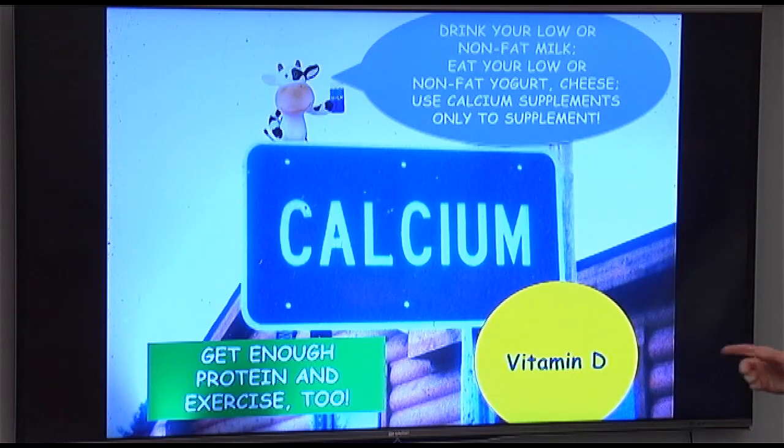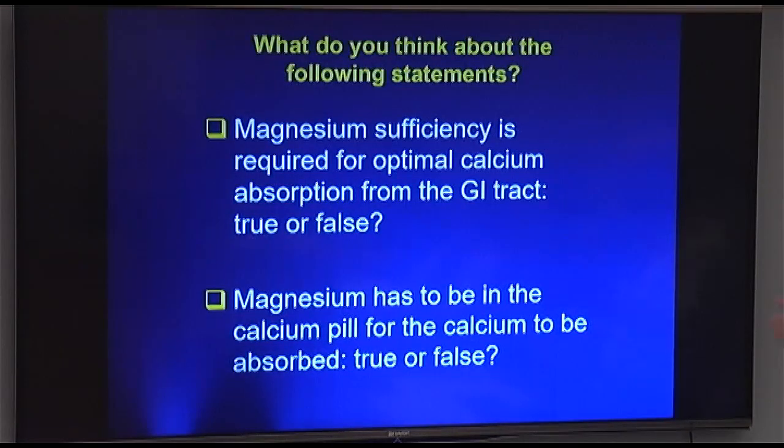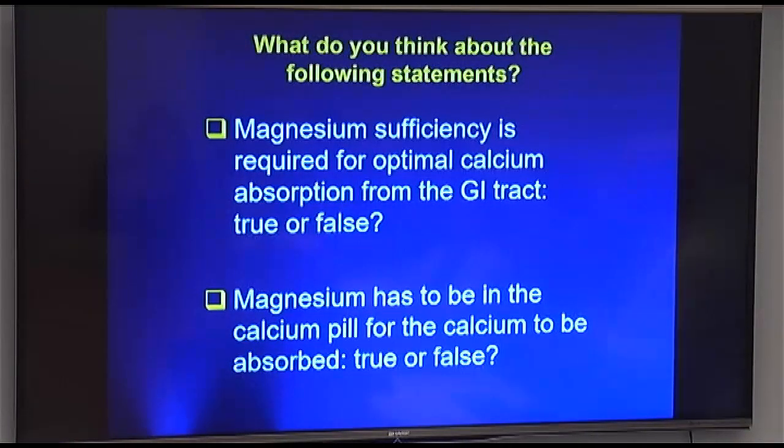Vitamin D, and get enough protein and exercise. And then this is the point I made about magnesium. Yes, we need to have adequate magnesium, but we don't have to have magnesium in the pill. In patients who have a tendency to be constipated, the calcium carbonate that contains the magnesium might be a good idea.